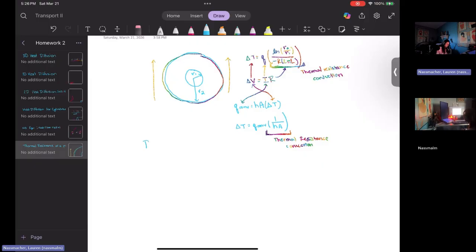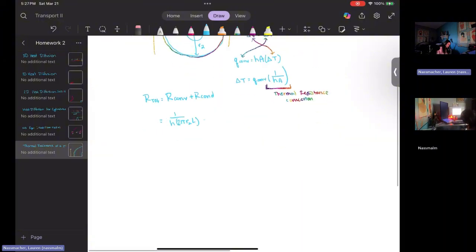So our total is equal to R of convection plus R of conduction. Convection is 1 over our coefficient multiplied by our area, which is 2 pi r2, where our convection is occurring, multiplied by the length, not the height, because we're not using h this time.